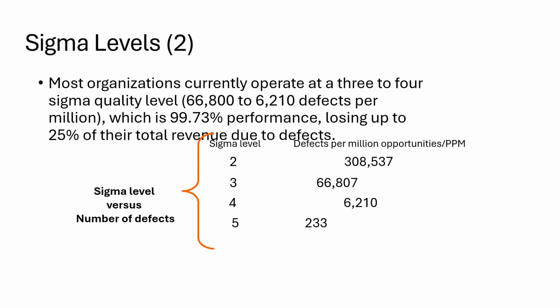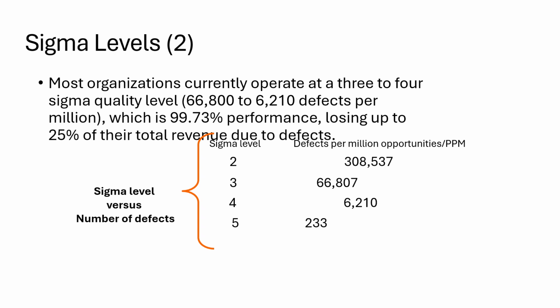An example that's easy for my students to understand is imagine 1 million car widgets are coming down the assembly line. If you're operating at a 5 sigma level, only 233 of those car widgets will be defective out of the 1 million produced.